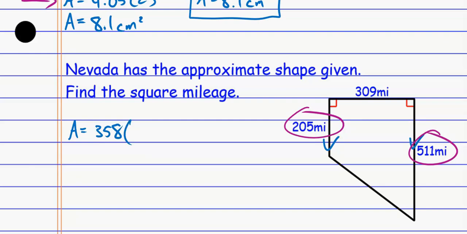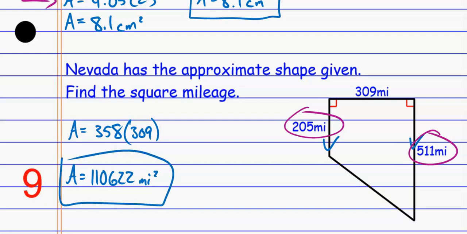And the height on this one, if you rotate this thing and think about the height as the perpendicular measurement, well, that's the 309, okay? And so on my calculator, I just have to multiply these two things. And it looks like it gives me an area of 110,622. And again, that's square miles, okay?